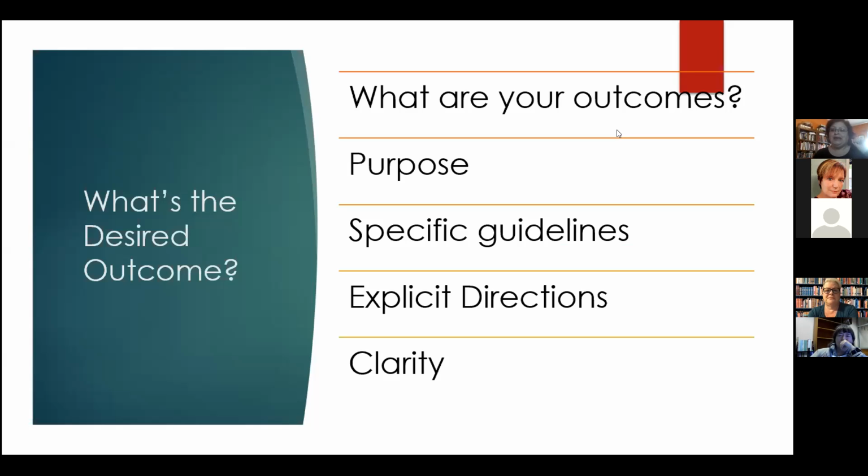We need to eliminate any unnecessary information, anything that the student doesn't have to do, like that whole search for that article, right? So we need to make sure that we're just getting down to the nitty gritty, and we don't want to simplify it to the point where it's meaningless, but we want to make sure that if it's difficult, it's for a reason and not just because, right?